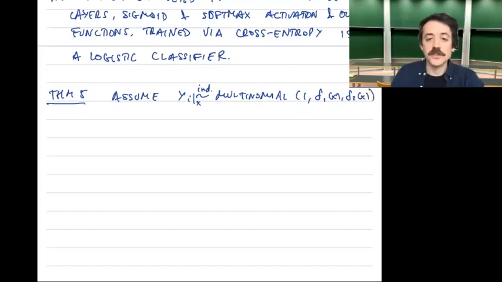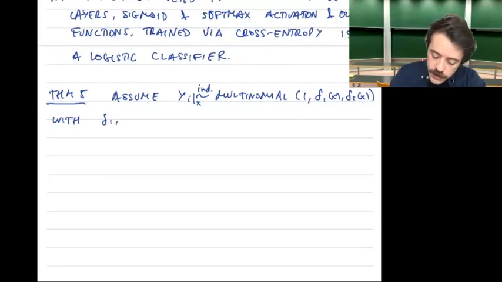Okay, so I'm talking about a binary class label, if you like. So with delta 1 and delta 2, let's just call it delta.